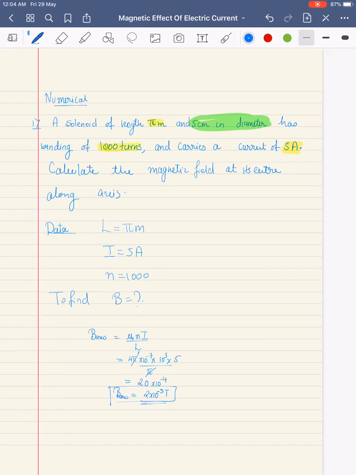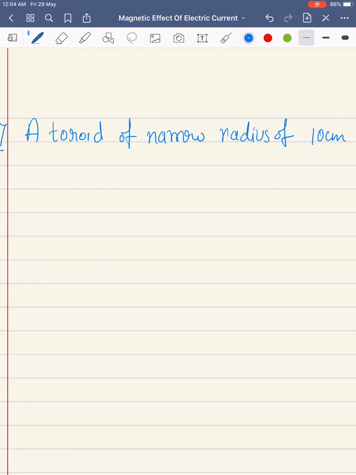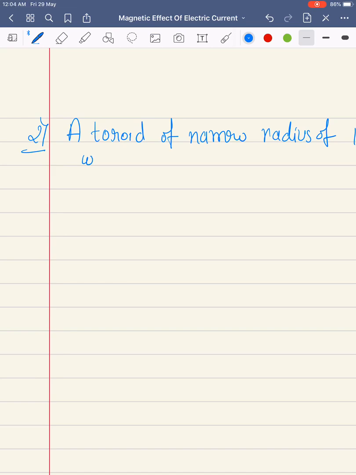Now coming to the next question, that is question number 2. A toroid of narrow radius of 10 centimeter has 1000 turns of wire.